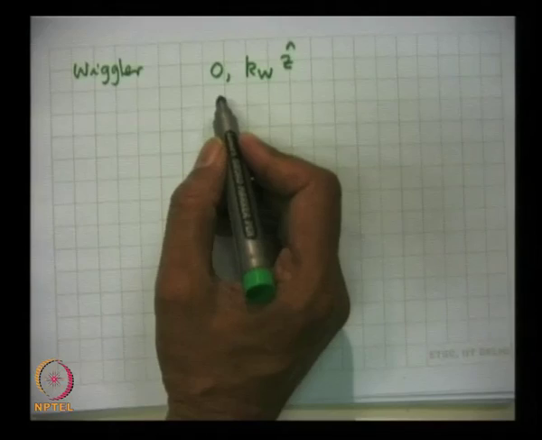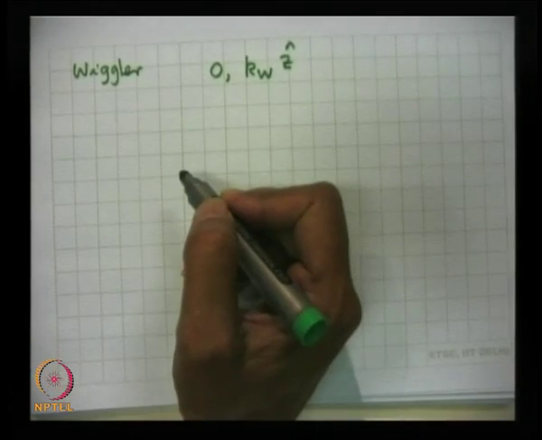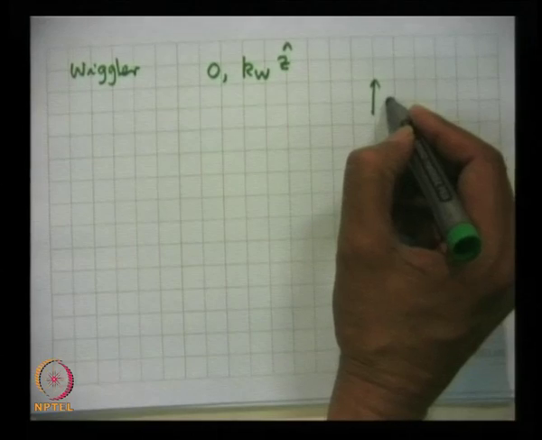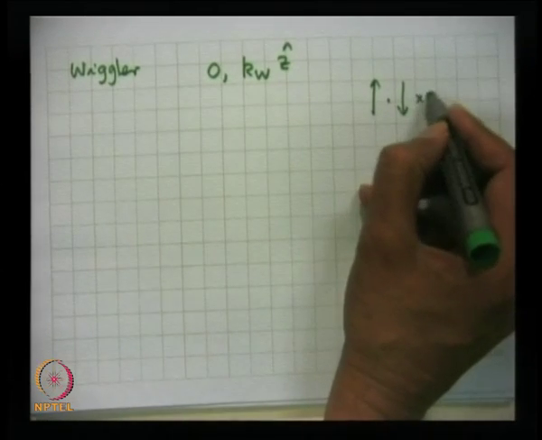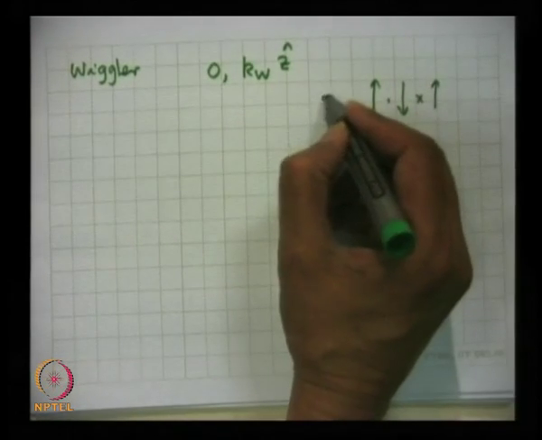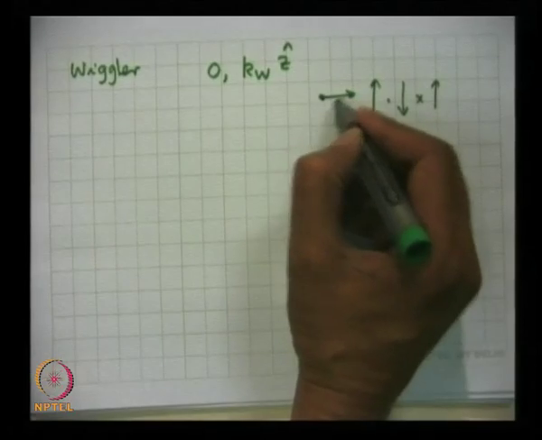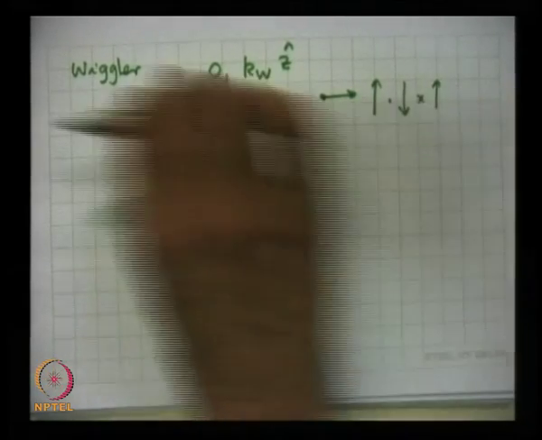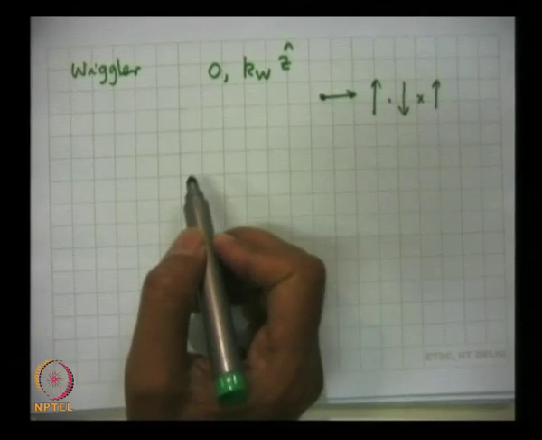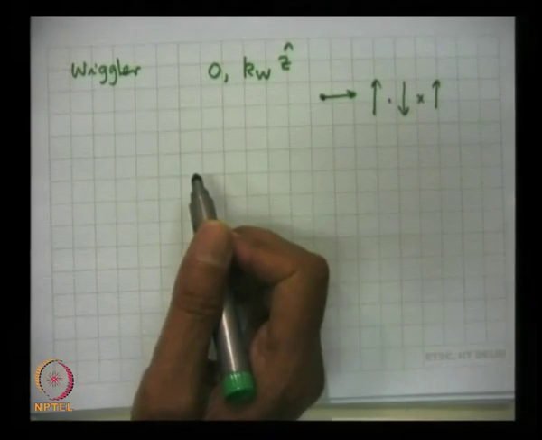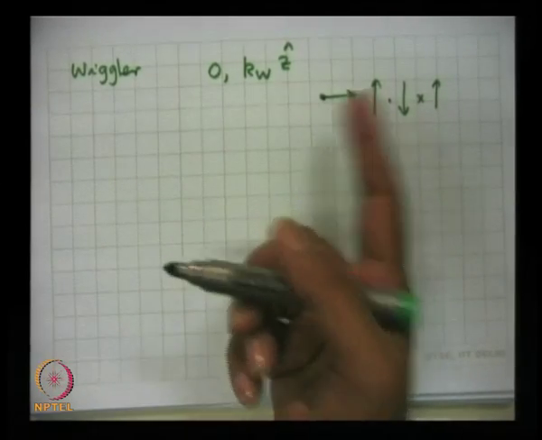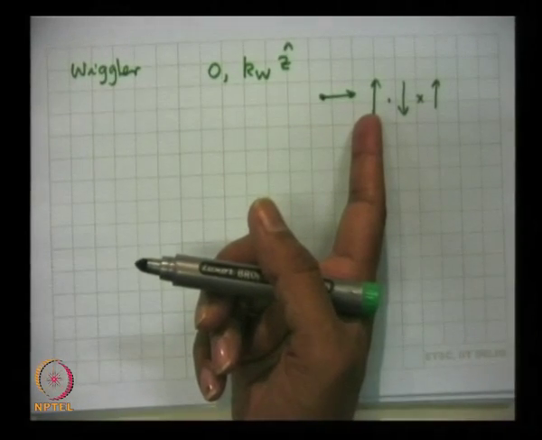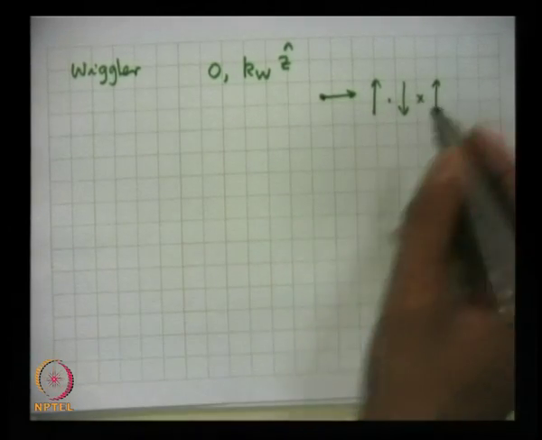But to a moving electron, this will look like an electromagnetic wave travelling backwards. So suppose there is a wiggler like this and an electron is moving in this direction. To this electron, this wiggler will appear like an electromagnetic wave travelling in the backward direction, and stimulated Compton scattering of that wave can produce radiation in the opposite direction.